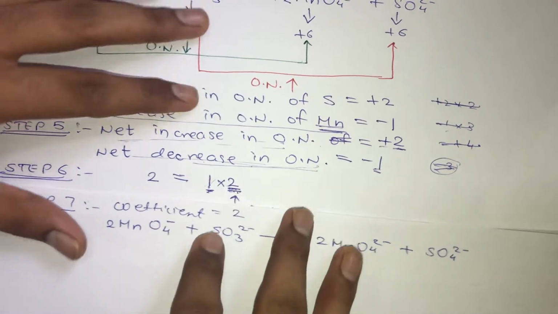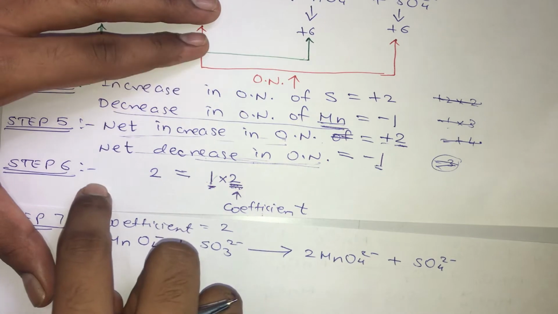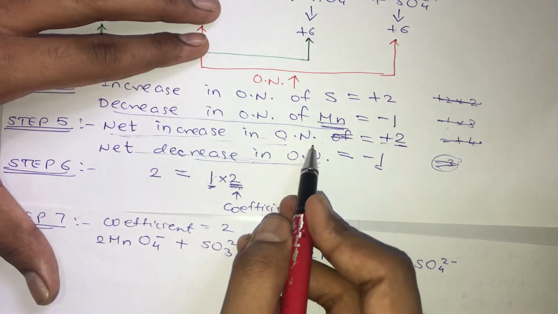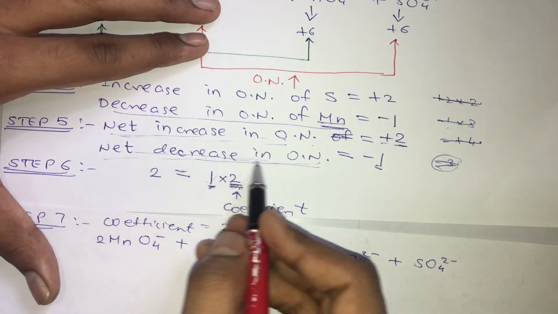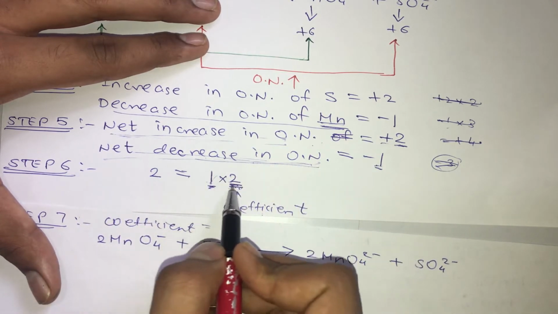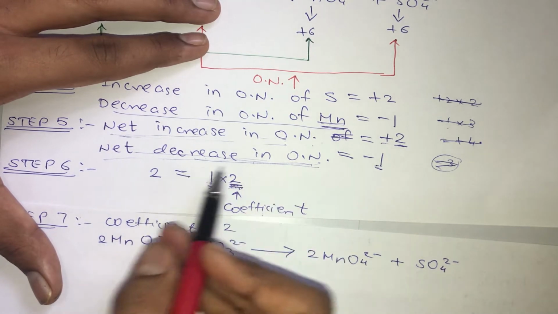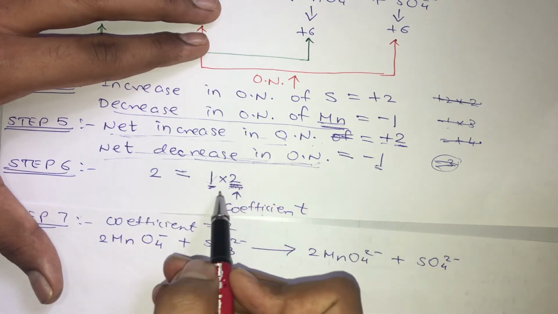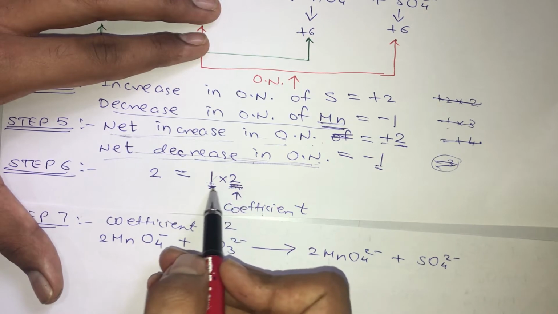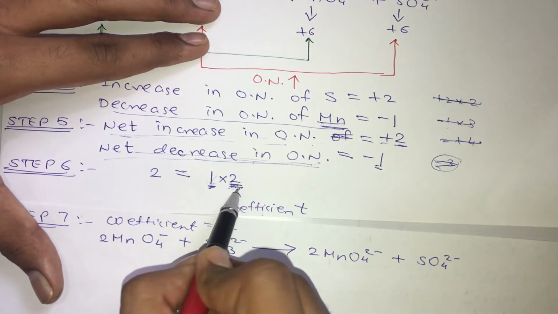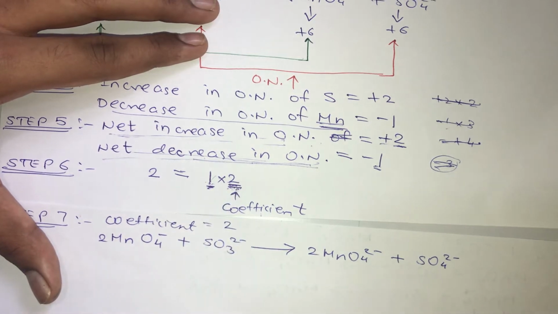Okay, first of all, in step 6 what we did was that we equalized net increase in oxidation number with net decrease in oxidation number. And how did we equalize this? This net decrease in oxidation number is less. Am I right? How did we equalize this one? By multiplying with the help of a coefficient, that is 2.